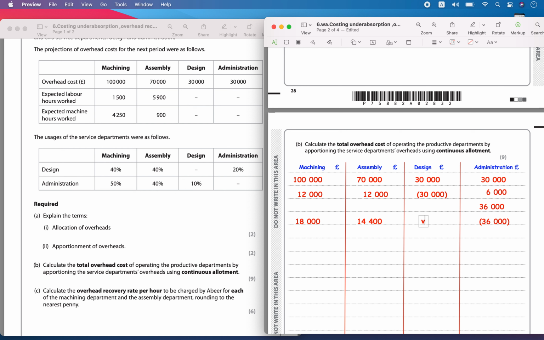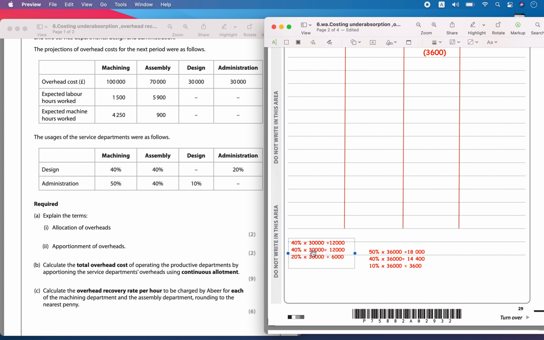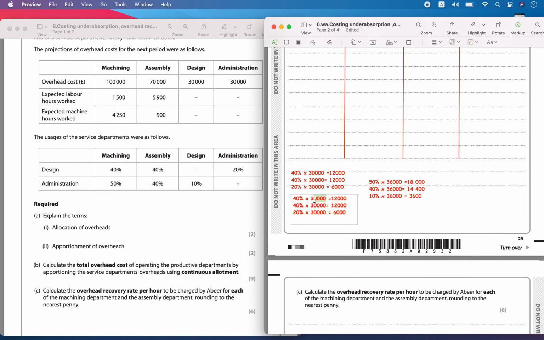Next we have to remove this cost. We have to remove 3,600. Now this is going to be apportioned on the basis of 40, 40 and 20. So I'll be apportioning 3,600. Write the values 3,600 three times.